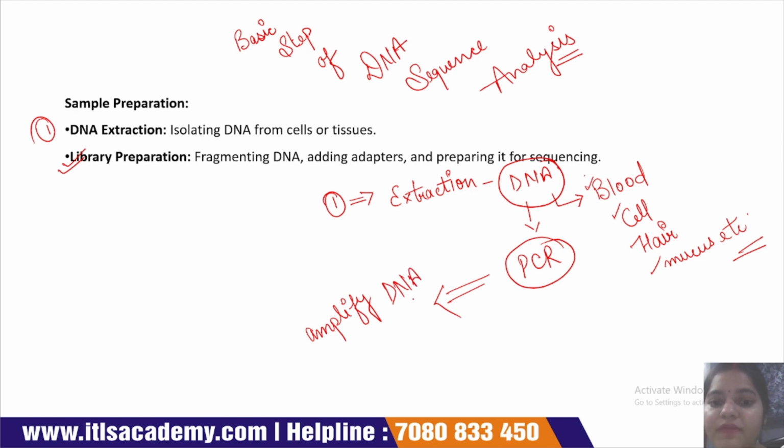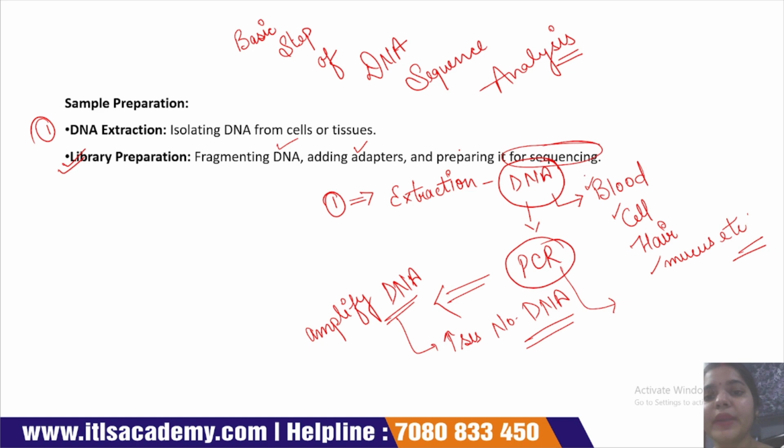In the PCR process, we increase the number of DNA copies. After performing PCR, we prepare the library: fragmenting the DNA, adding adapters, and preparing it for sequencing. After preparing the DNA sample for sequencing, we perform the sequencing process.